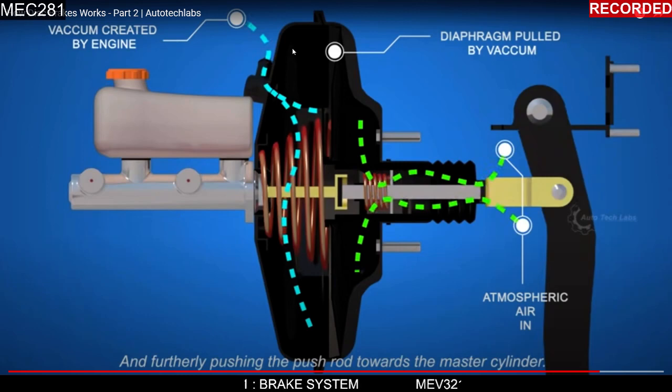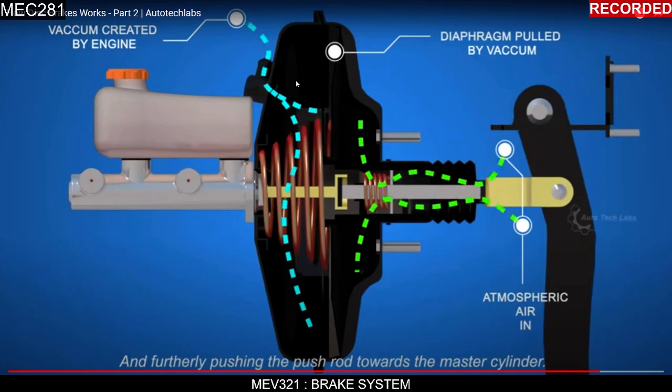So as you see, they don't have any electrical motor or so on to pressurize the oil there. They only use the vacuum from the engine that gives extra force, or an extra boost, to the force.